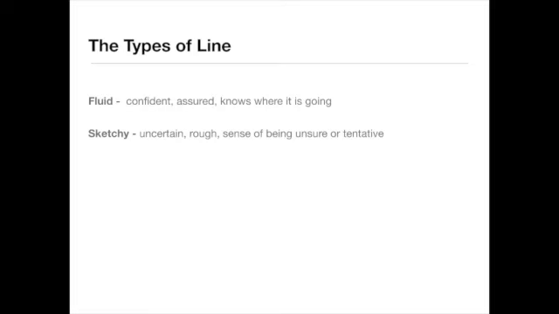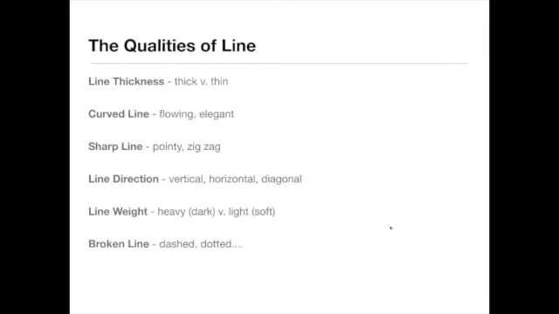The last thing that we are going to talk about is just a quick review. We know that we have two types of line, fluid lines and sketchy lines. We also have six different qualities of line that you can be thinking about. We have the line thickness, the thin versus thick. We have curved lines that are flowing and elegant, and sharp lines that are pointy or zigzag. We can consider line direction, the vertical, horizontal, as well as the diagonal line.